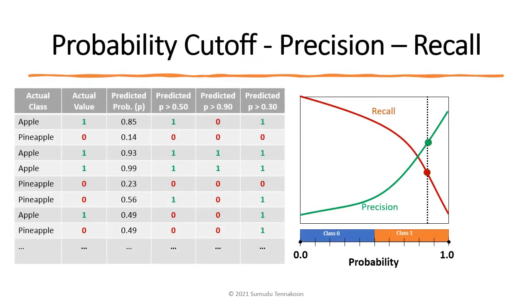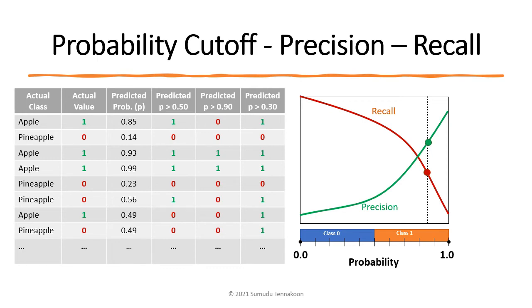So let's look at the probability cutoff. Precision recall curve. In this example, we previously used a model to predict which fruit it is, whether it's an apple or a pineapple. If the actual class is apple, the actual value is 1.